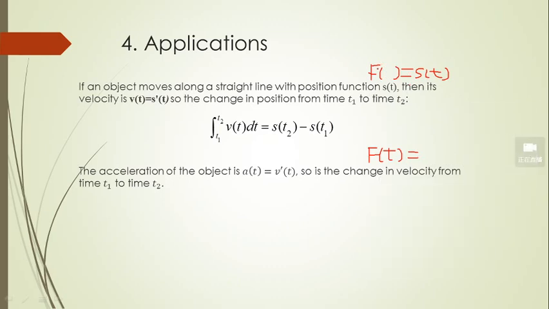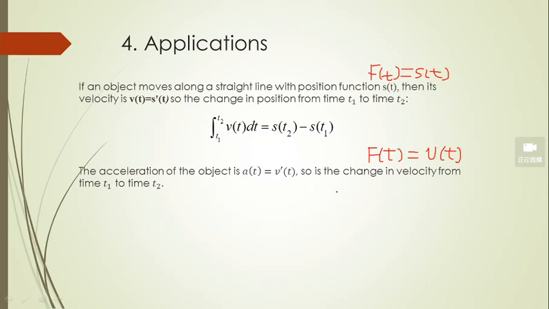So in the first case, my big F(t) is the position function, and F prime t is velocity. Now for the second one, my F(t) becomes the velocity. Then the derivative, the rate of change of F, is acceleration.